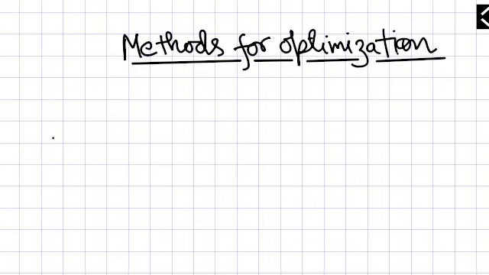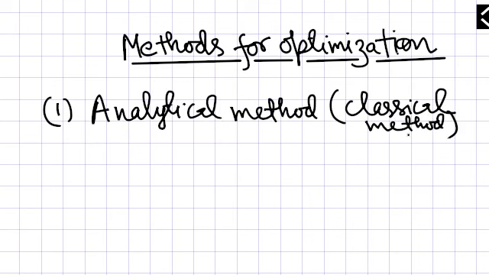It is the analytical method of optimization, and you are already aware of that. So this is actually the analytical method. Classical method means people have been using it from the old time.